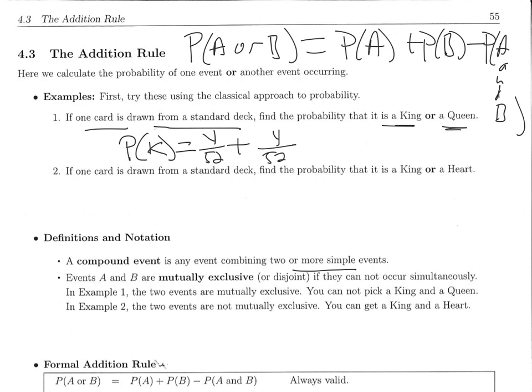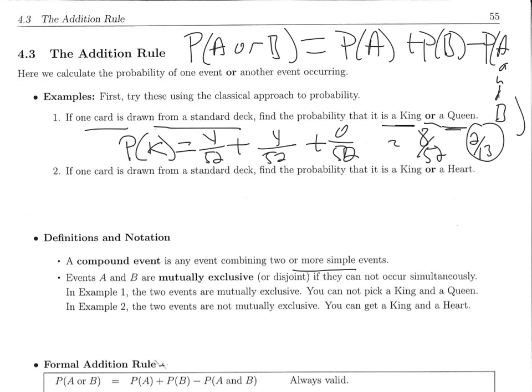What's the probability of being both a king and a queen? 0 out of 52. And so that would give me a probability of 8 out of 52, which we could reduce. If we grab a calculator, 4 out of 13. No, 2 out of 13 is, I think, what that reduces to.